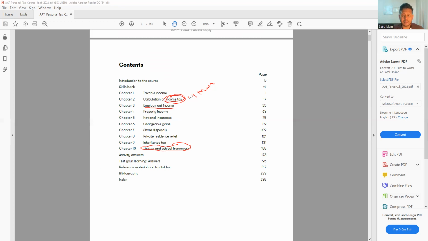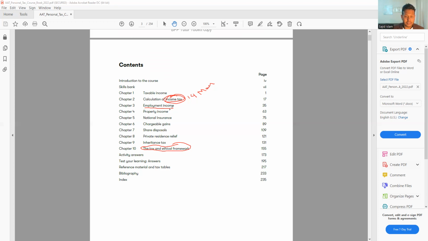Except for interest, all the other income we have, for example, employment, property income, and dividend income, is non-savings income. The tax is a little bit different for savings and non-savings, so you're going to see that sort of calculation in chapter number 2.